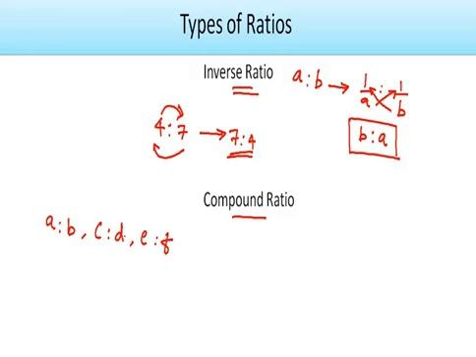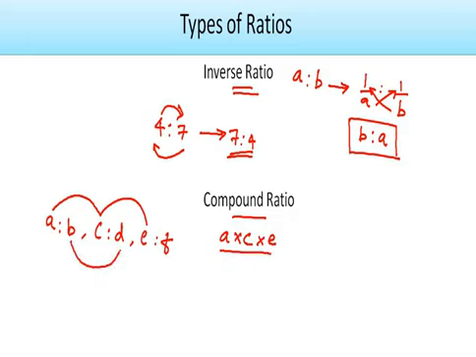In order to find out the compound ratio, too simple. Whatever the number of terms may be given, just multiply the first terms of each ratio. So A multiplied by C multiplied by E, and then divide it by the second terms of each ratio.